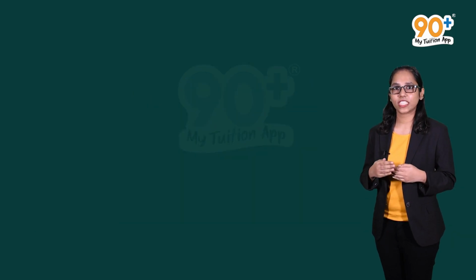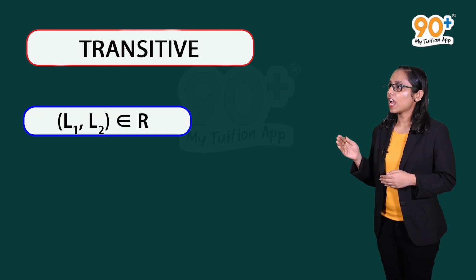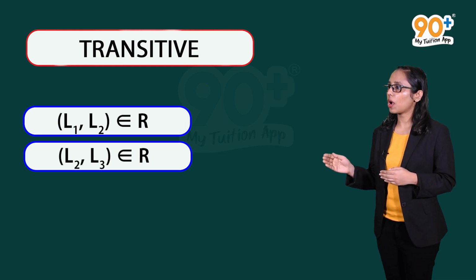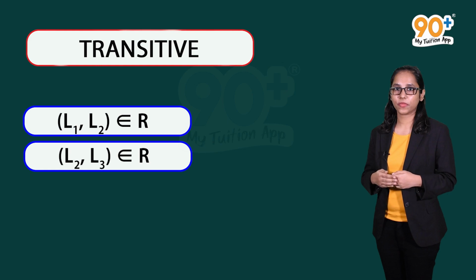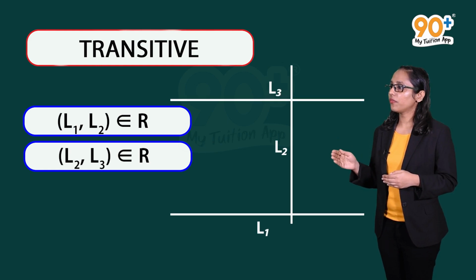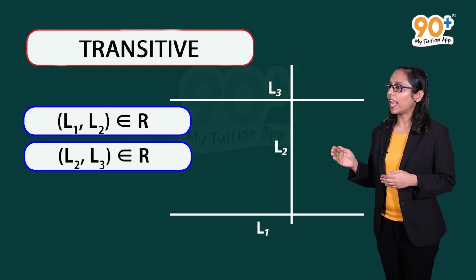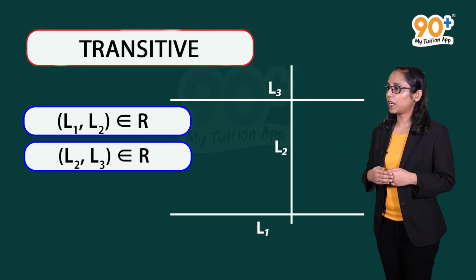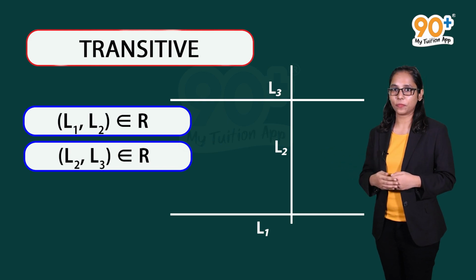Now let's check for transitivity. That is, the ordered pair (L1, L2) is an element of R and also the ordered pair (L2, L3) is an element of R. Now draw another line L3. That is, L1 will be perpendicular to L2 and L2 will be perpendicular to L3.